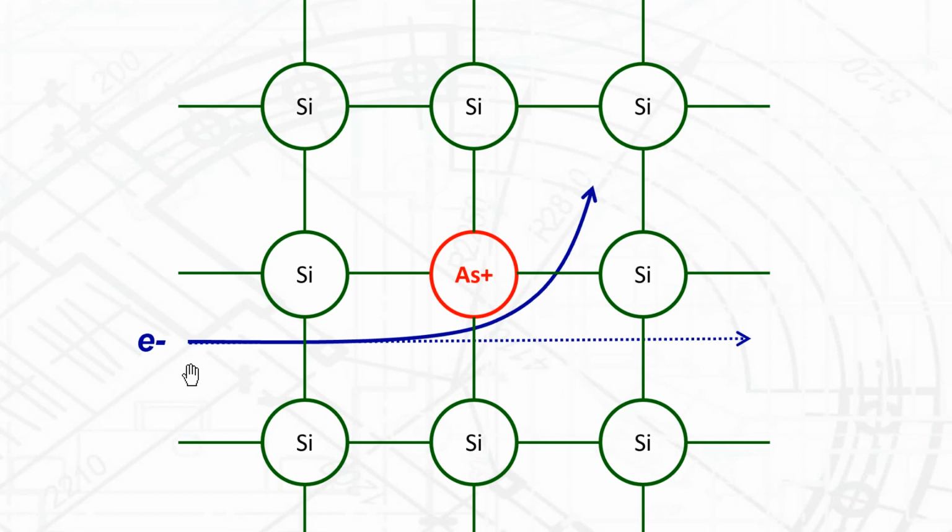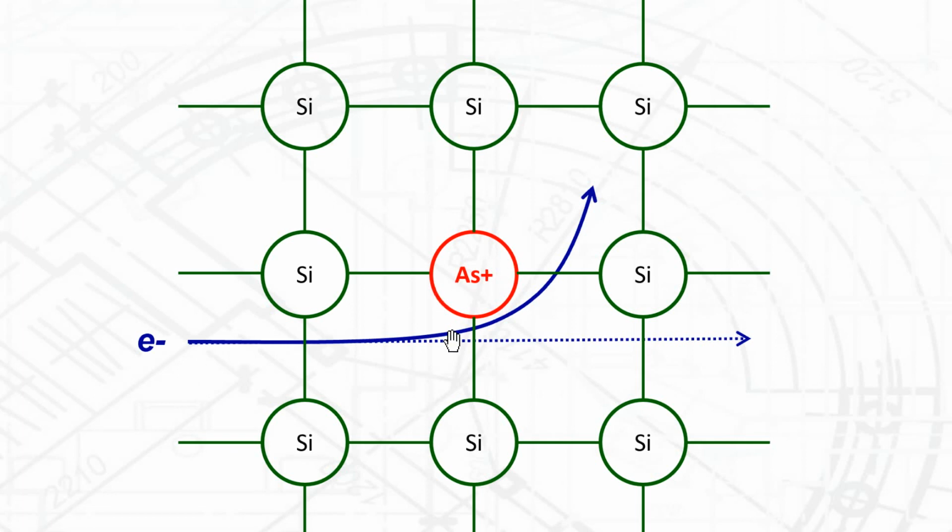Secondly, you also have a velocity here that causes the electron to move in a certain direction. The faster this electron is moving from left to right, the less likely its trajectory is to go right into the nucleus.